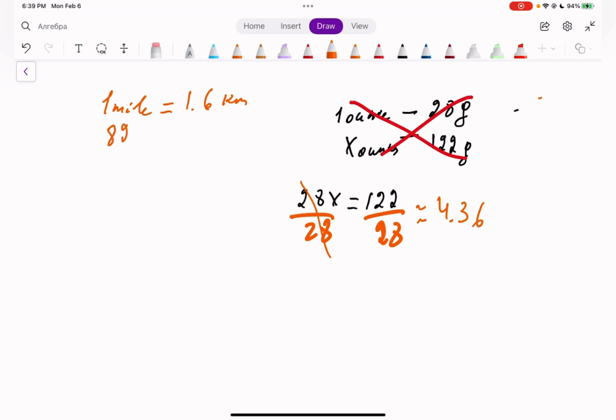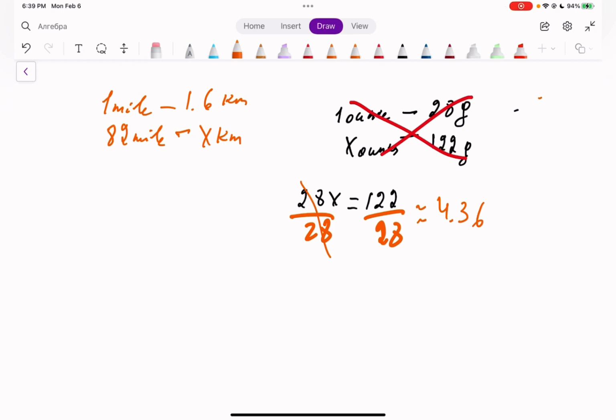Pay attention. I'm writing mile under the mile, kilometers under kilometers, the same way I was doing here, ounce under ounces and gram under grams. So measurements have to be under each other.